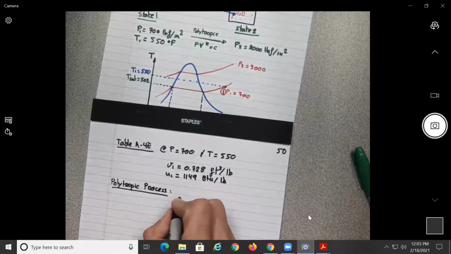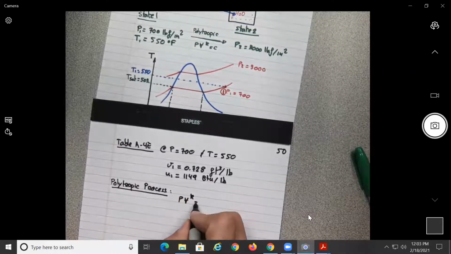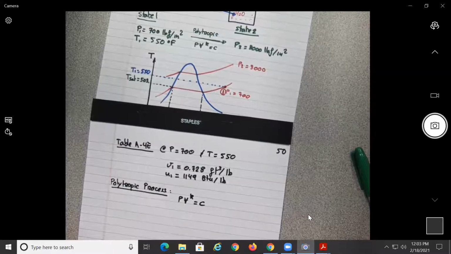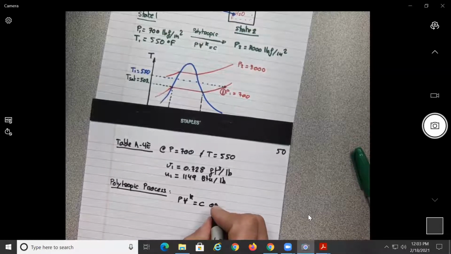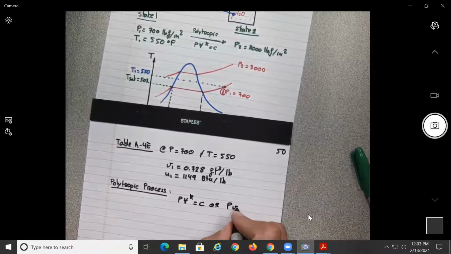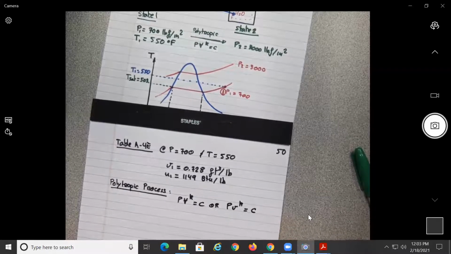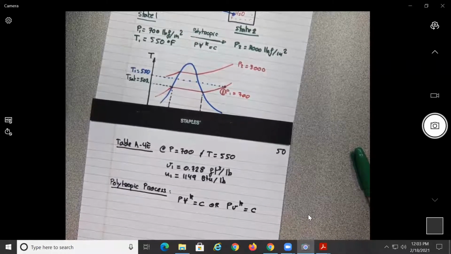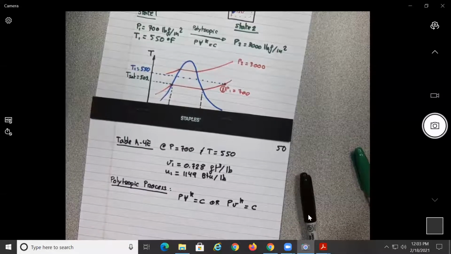I can have PV^K equal to a constant. I'm not going to redo the derivation. You know that you can rewrite this equation as P v, specific volume, to the K equal to a constant. Okay? I mean, it's not a proof, it's just algebra.